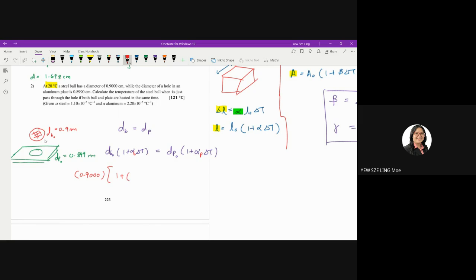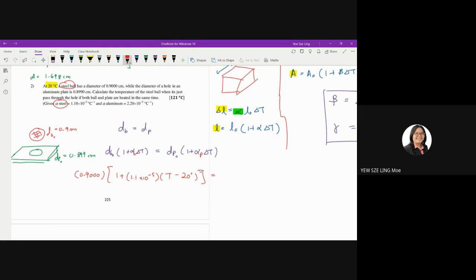Now alpha for the ball: it is a steel ball, so we use the coefficient for steel, 1.1 times 10 to the power of negative 5. Change in temperature now, T final minus T initial. T final, I don't have the value. That is the thing that I want to determine right now. So I'm going to write it as T. So T minus 20 degrees. And then close the bracket.